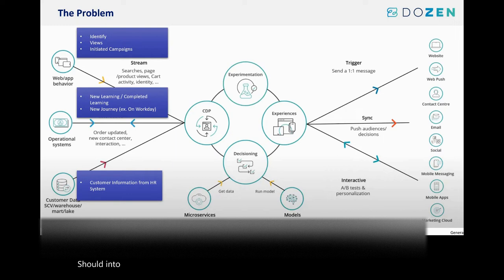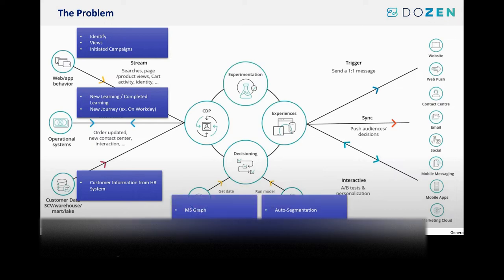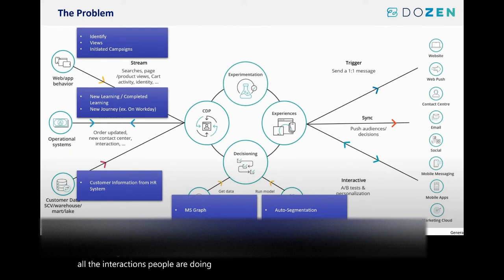However, if we continue on with this, we also have data that we're getting through microservices on the fly as part of our decisioning. For instance, from Microsoft Graph, we're able to know all the interactions people are doing and how employees are working together, directly from the Microsoft Graph.